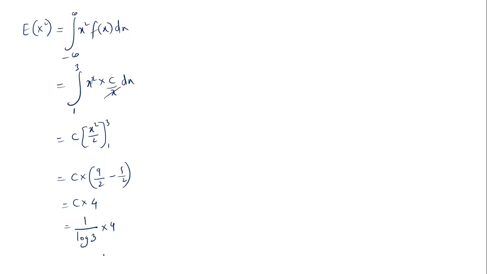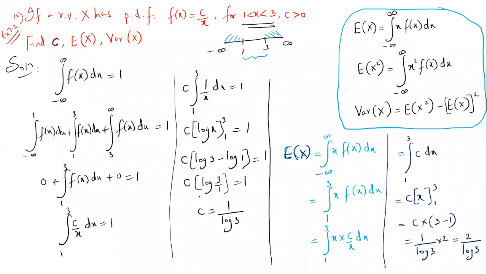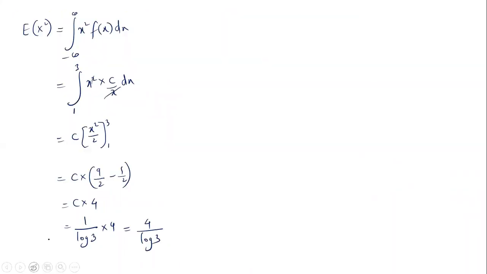So finally you get 4 upon log 3. As you can see, c is 1 by log 3, and E(x) is 2 by log 3. So I got E(x) also.